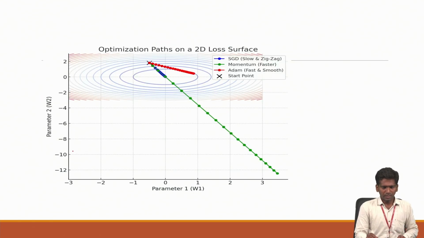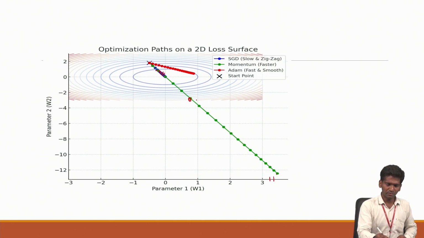This is the overall diagrammatic representation. You can see SGD in blue, stochastic gradient descent. It is zigzagging; from far off it may appear like a straight line, but it is going zigzag. Then momentum is faster. You can consider the intervals and see the speed at which it travels.